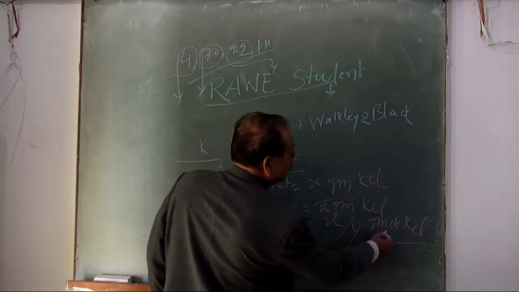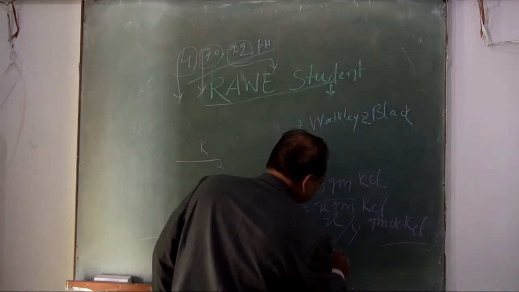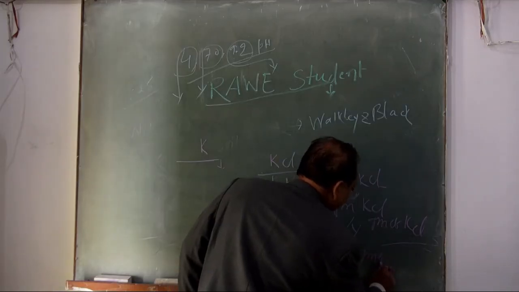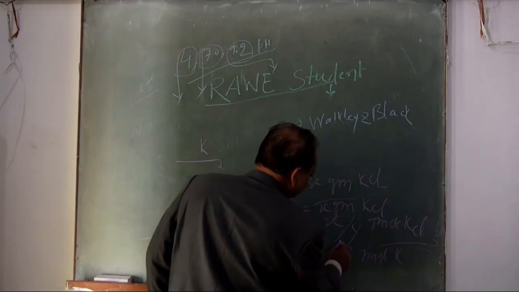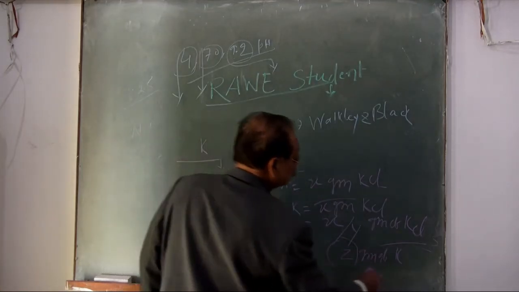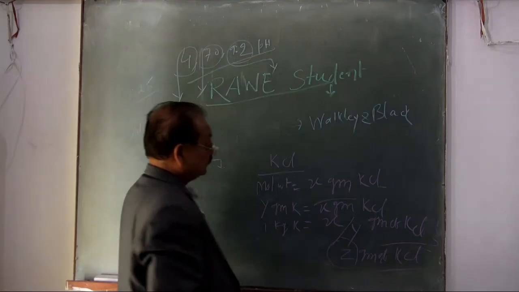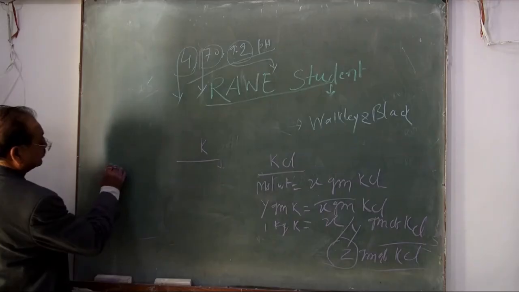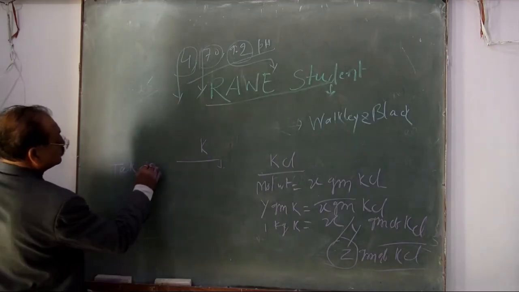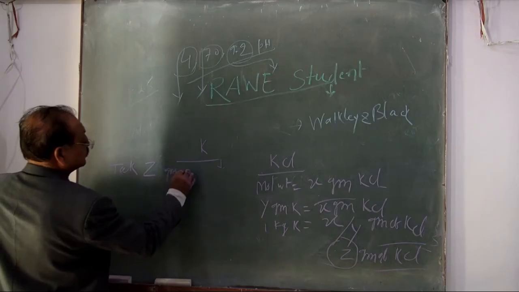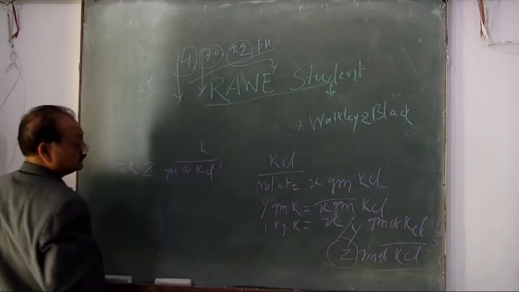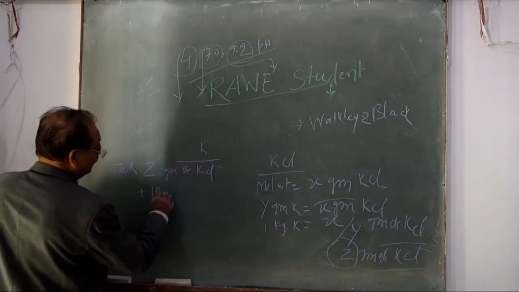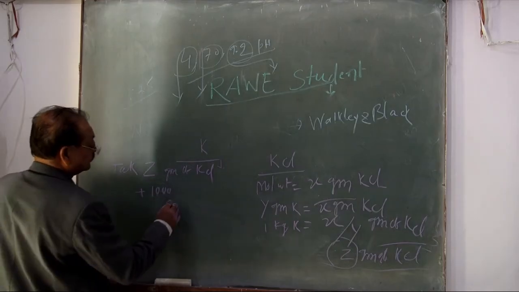Suppose this X/Y is Z gram of KCl. So take this Z gram of KCl and dissolve it in 1 liter of distilled water.